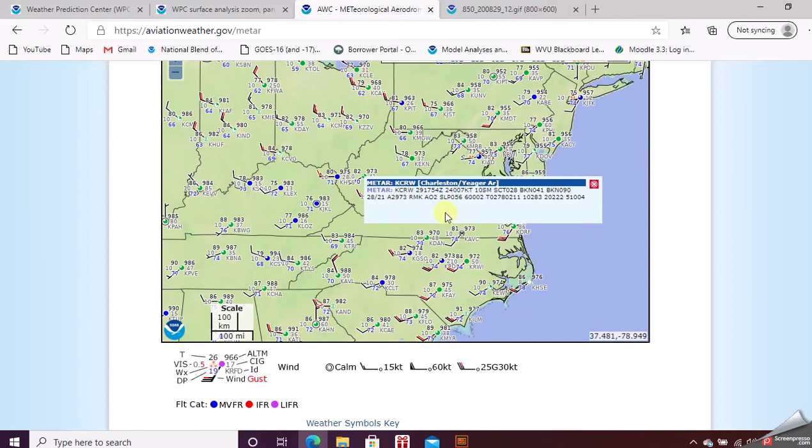Your sea level pressure, on the other hand, is 1005.6 millibars. The easiest way to think of sea level pressure is if this number, 056, for example, is less than 500, put a 10 in front of it. If that number is greater than 500, put a 9 in front of it.